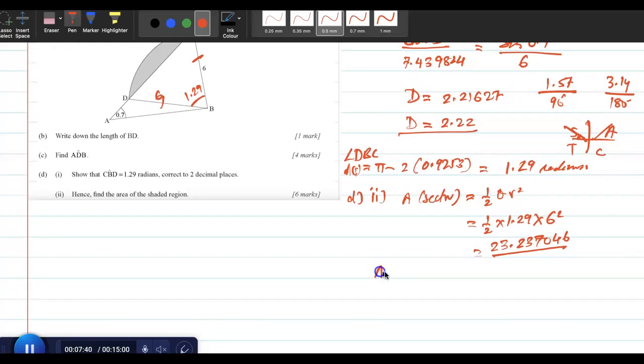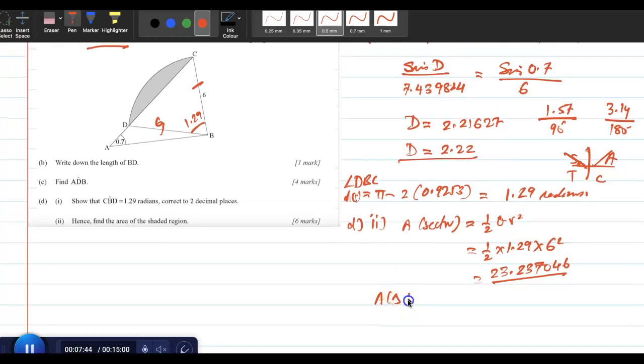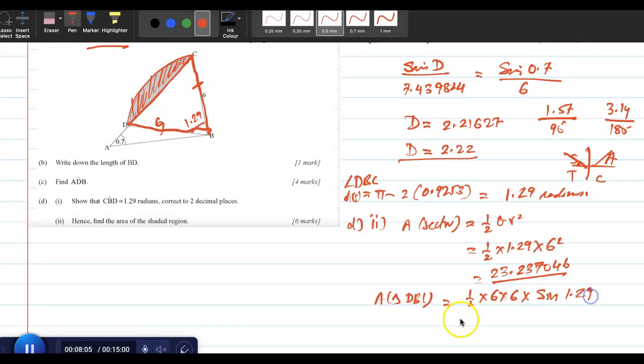Then you find the area of the triangle DBC. You're taking this entire sector and subtracting this triangle, and you'll get the area of this part. So the area of triangle DBC is equal to half ab sin C, so half into 6 into 6 into sine of the included angle, sine of 1.29.